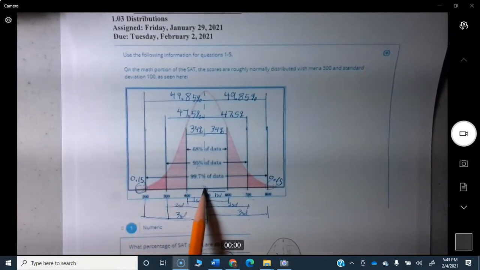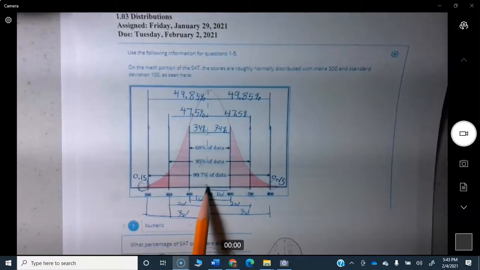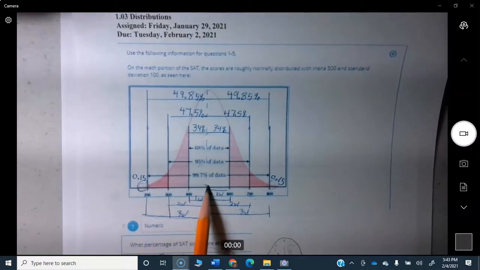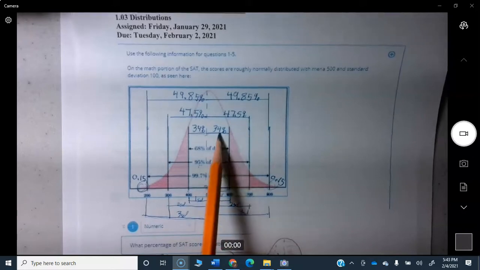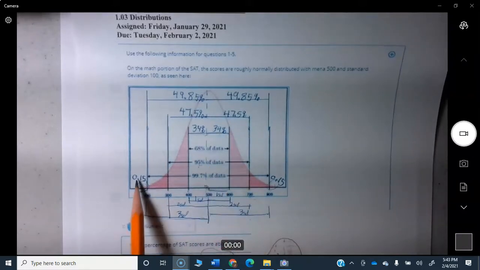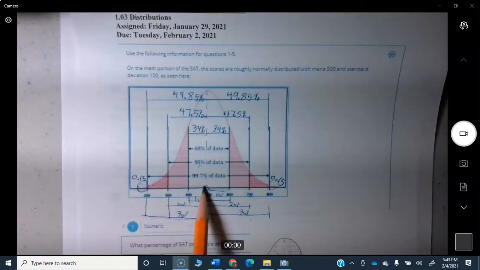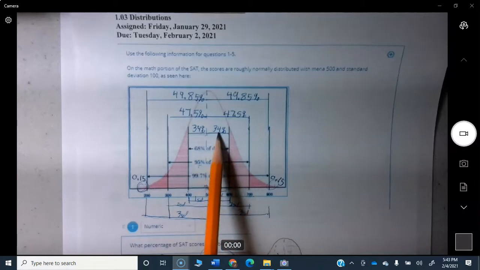So there's 50%, but you did better than not only 50%, you did better than 84. If we come over 1 standard deviation from the mean, that's 34%. So if we add the 50% from the left side to the mean, and then 34 more percent to the right, that gives you 84%.